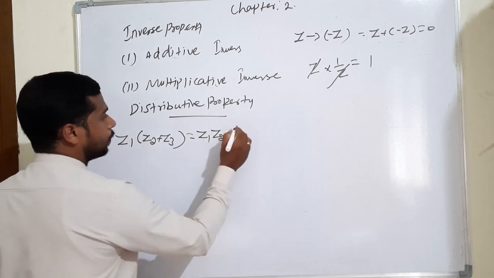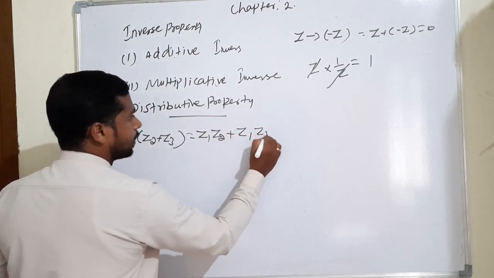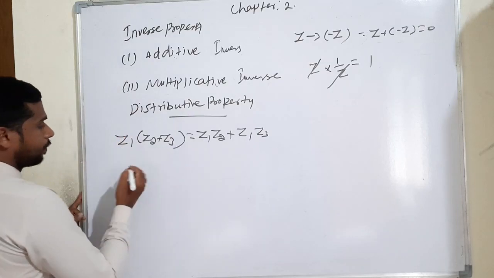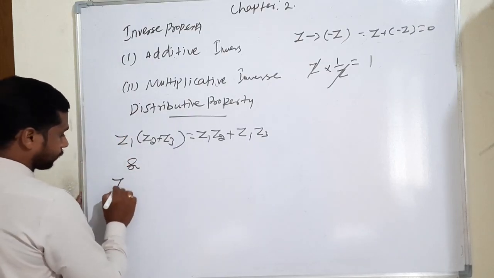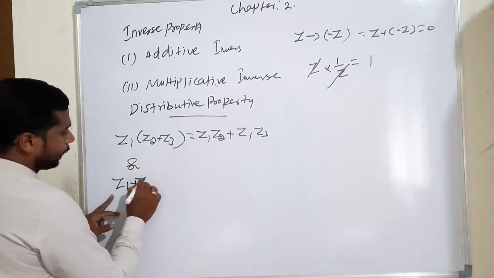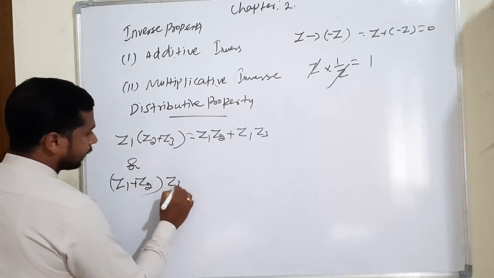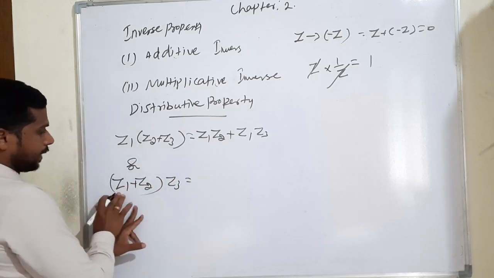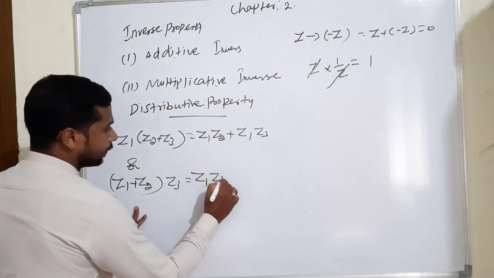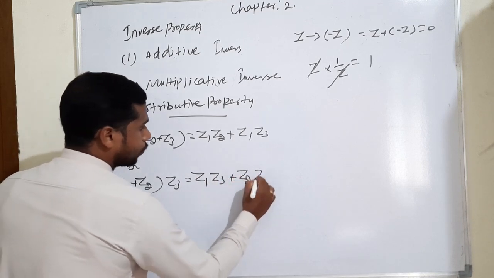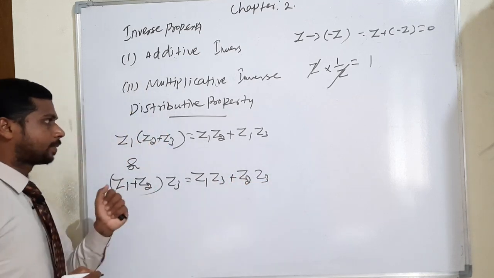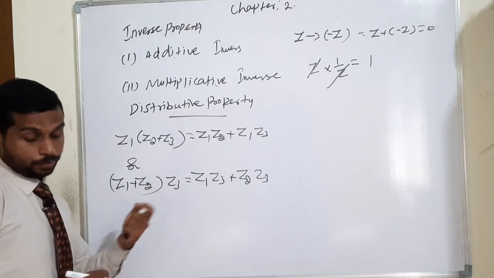Z1 into Z2 plus Z1 into Z3. At the same time, Z1 plus Z2 in bracket outside Z3 will be equal to Z1 into Z3 plus Z2 into Z3. That is the difference between the 2 types, and it is one of the important ones.